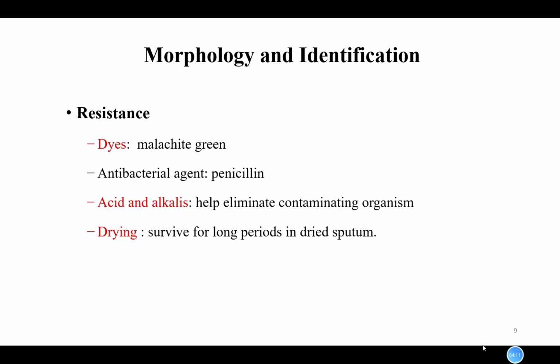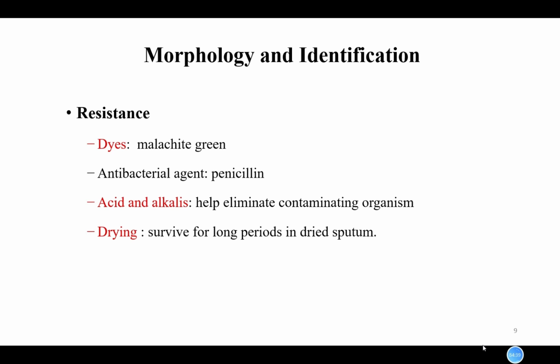Okay. And the bacteria is also resistant to a lot of factors, such as different dyes, like the malachite green. So that's why we can add this dye to the medium. It can inhibit other bacteria, but tuberculosis is resistant to it. It's resistant to penicillin, the antimicrobial drug.